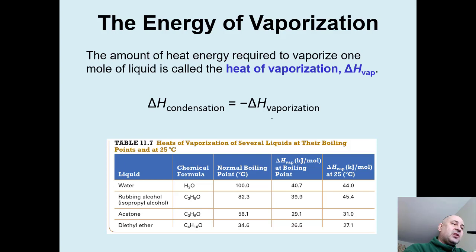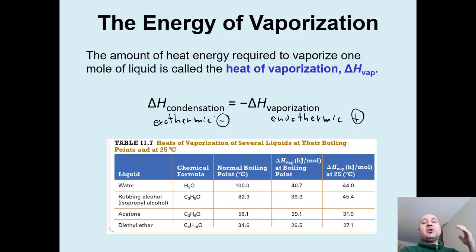So vaporization is endothermic, so it has a positive value, right? Energy input. Whereas condensation, that's release of energy, that's an exothermic process. Okay, and so it should have a negative value, right?